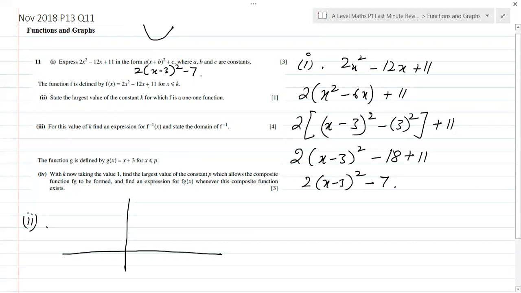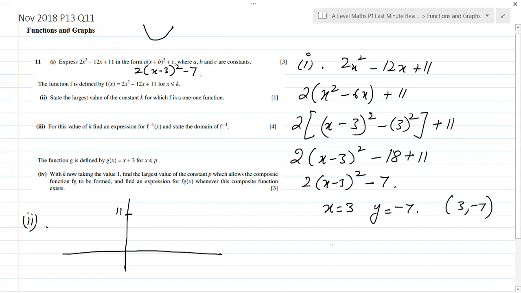So if we need to draw this, we have x equals 0, and we get the y-intercept as 11. So it's going to be 11. And we'll get the turning point from the completing the square, which is 3 comma negative 7. So the turning point is x equals 3 and y equals negative 7.